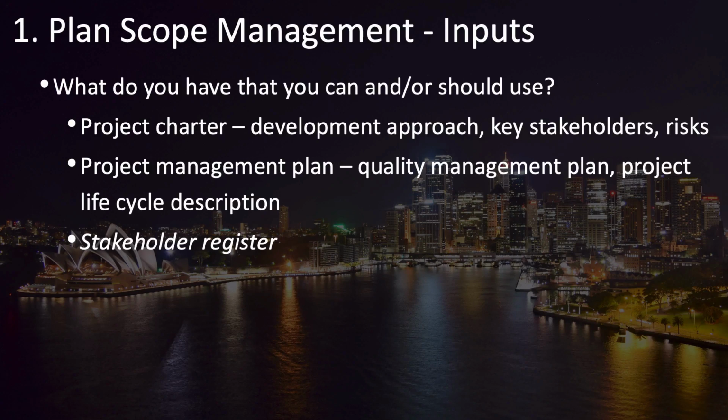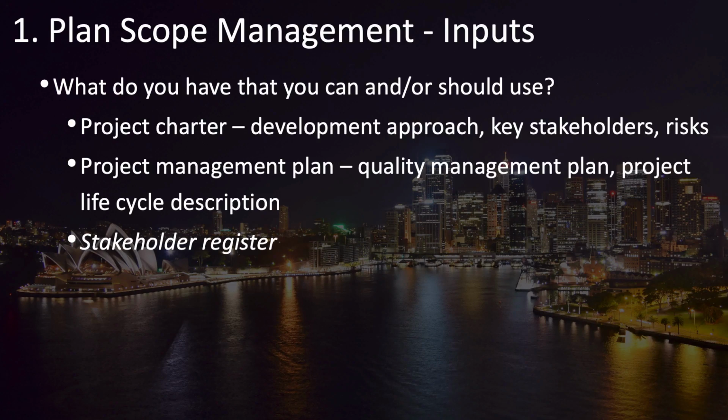Now, the PMBOK guide also lists the project management plan, specifically things like the quality management plan and the project lifecycle description, as inputs to the scope management plan. If you haven't gotten to those plans yet, then they really can't be an input. But because planning is such an iterative process, you'll do some work on scope and think you've got a good version of that ready.